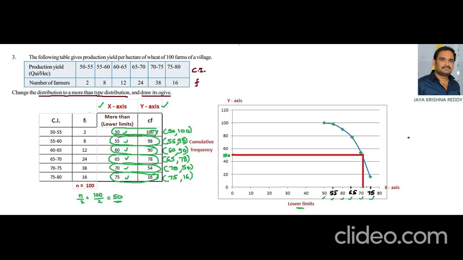Now observe where the line touches the x-axis, that value is nothing but the median. The line touches the x-axis approximately at 70.52. So the median of the given data is 70.52, and we can verify it by using the formula also.